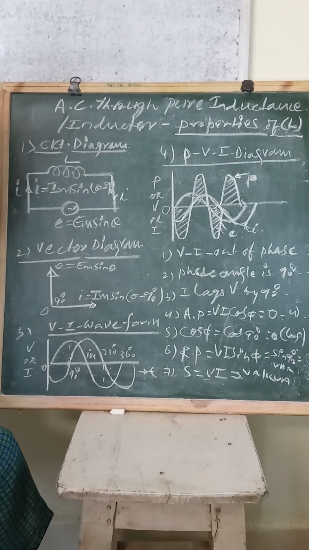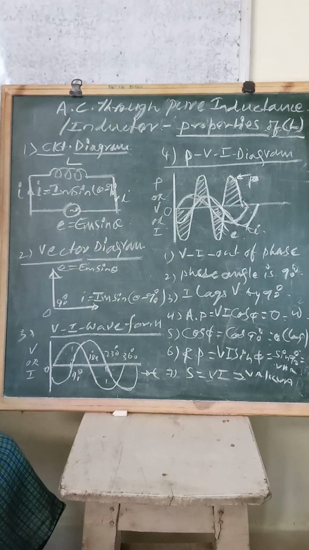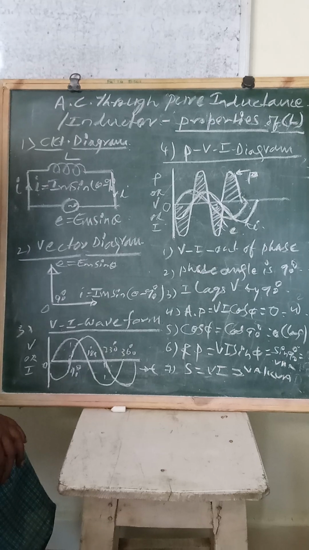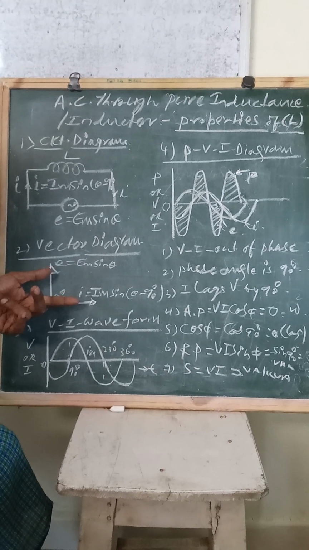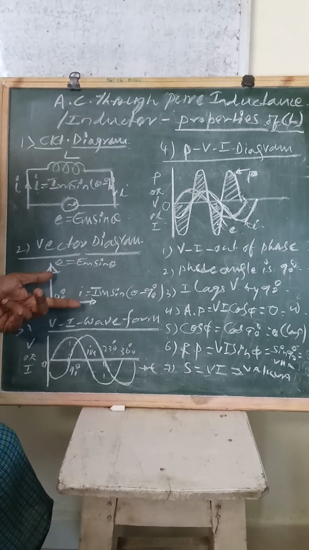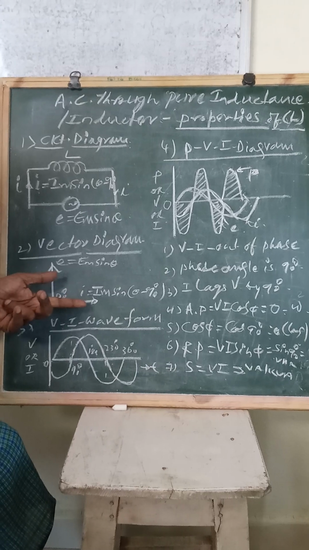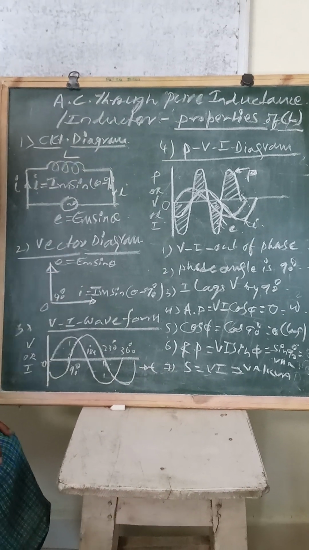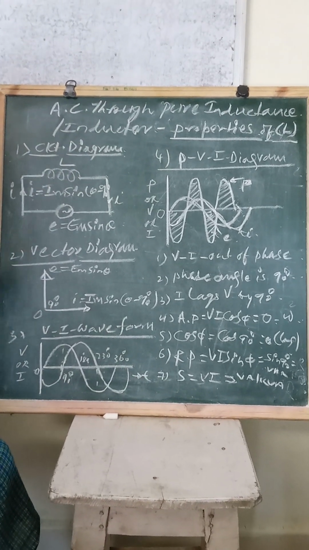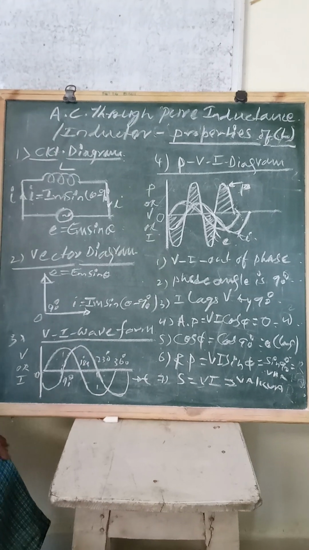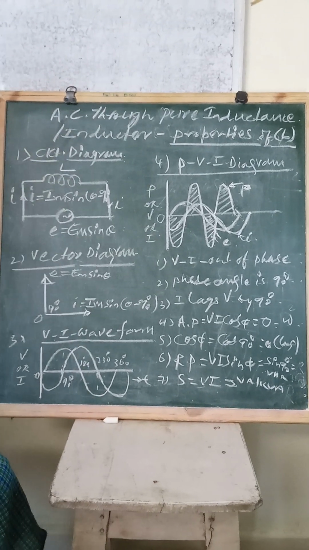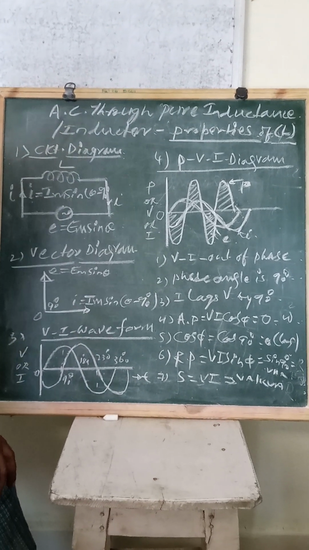So the element which has this type of property, having the displacement of current and voltage by 90 degree, such an element will be called a pure inductive coil or pure inductance or pure inductor.